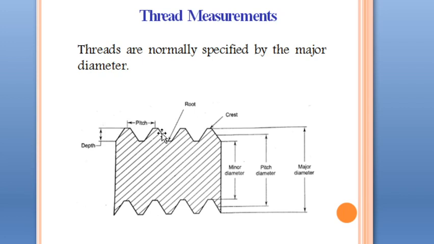This is the center of the crest, here crest, this also crest. The distance between two adjacent crests or two adjacent roots is called pitch. This is the depth of the thread, the vertical distance from root to crest. So depth is the vertical distance, and pitch is the distance between two adjacent roots or crests.